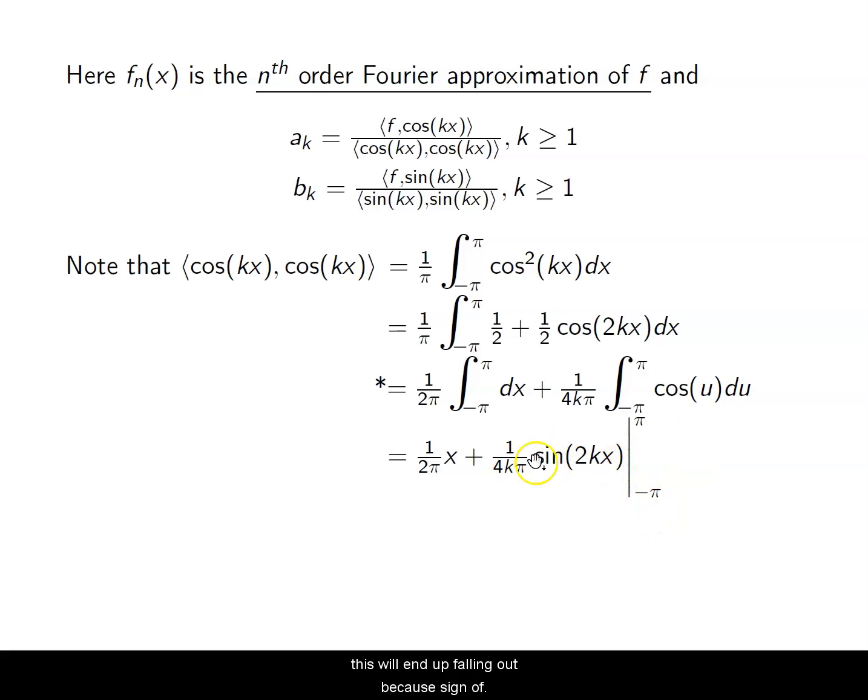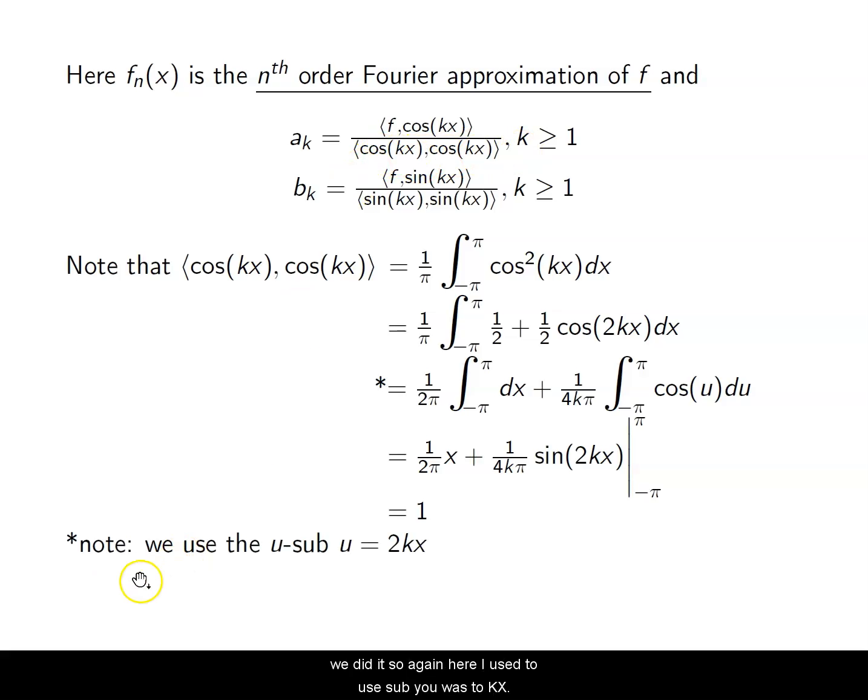Doing so, this will end up falling out because sine of any multiple of pi is always 0, so this is just zeros. Putting the pi on top will end up canceling it, so I'll have a 1/2 minus a negative 1/2, which gives me just a value of 1. So my denominator here is going to be 1 every single time, which is why we did this.